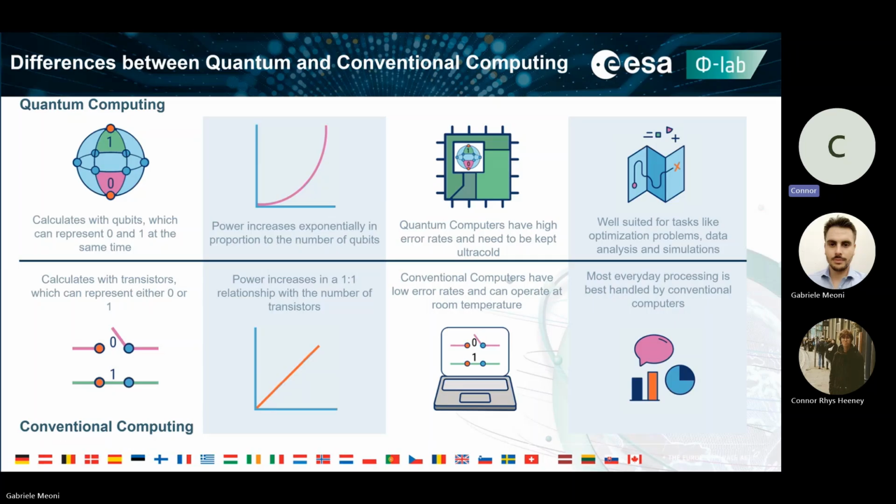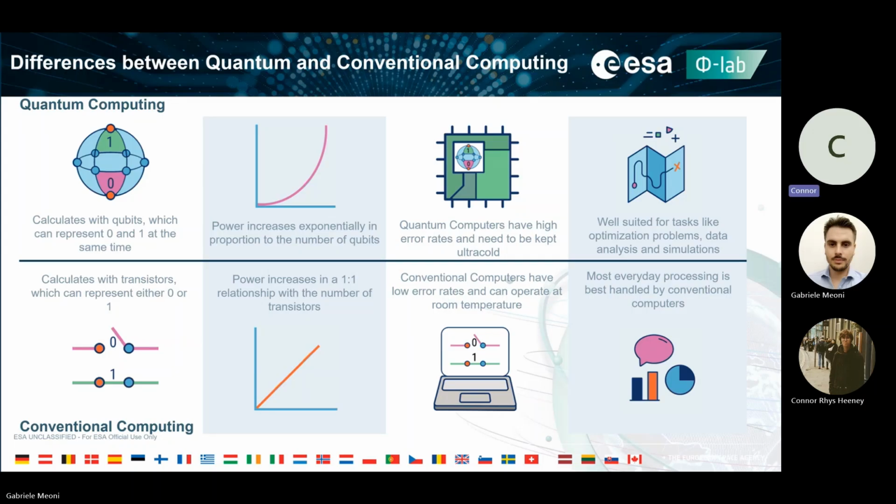What are the differences between them? Well, quantum computing uses qubits. So you know what a qubit is now. The other one uses transistors with standard bits. Here, the power increases exponentially with the number of qubits, so it's very easy to end up with a very complicated system. There, the power increases linearly. A normal computer can work anywhere.